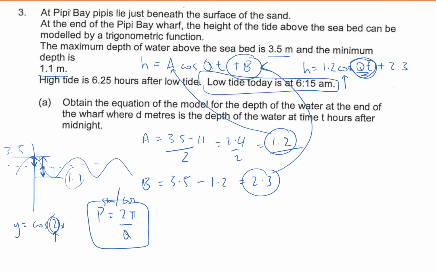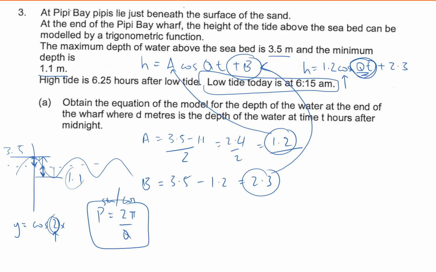For tan, what would it be for tan? Pi over q, yeah. Because the standard tan has just got pi as opposed to 2 pi. Will they ask us to form an equation for a tan graph? I might do. Pretty unlikely though, because where you use sine and cosine, that's your standard high tide, low tide type equation.